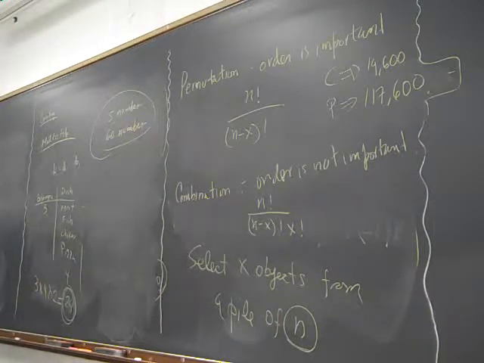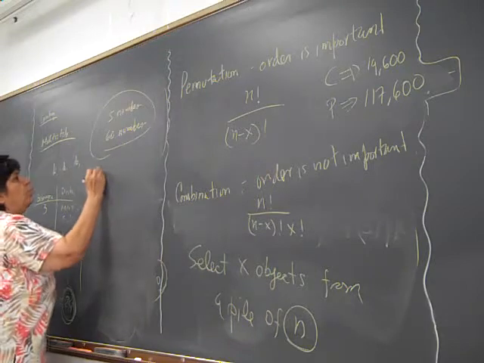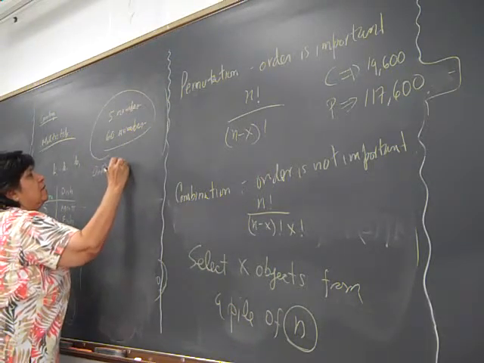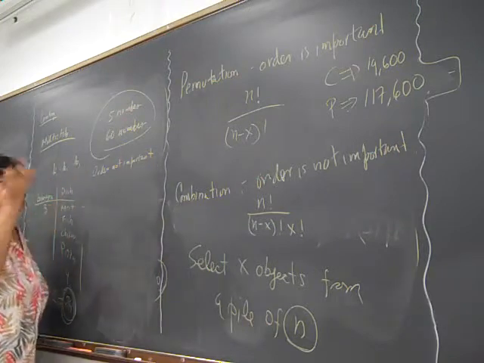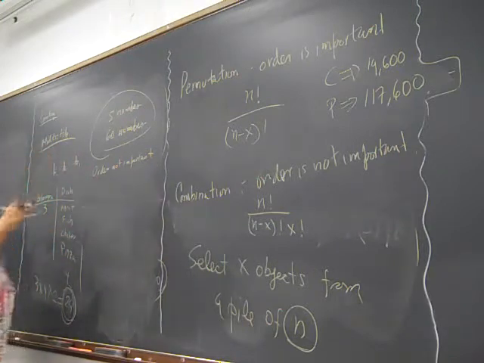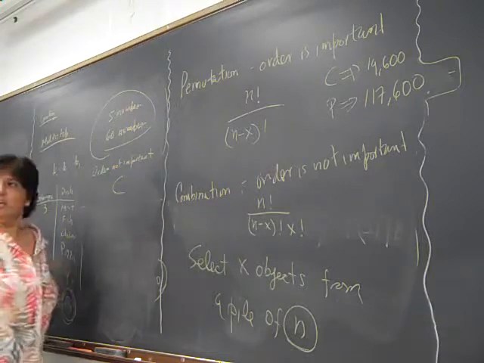Okay? How many possibilities do I have? First of all, is the order important? It's not important, because the numbers are not repeated. So if the order is not important, what are we going to use? Permutation or combination? Combination, right?